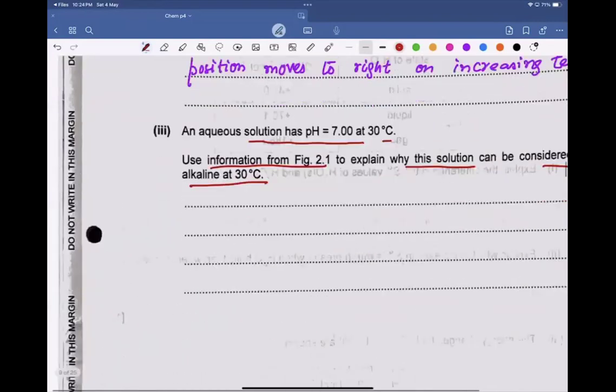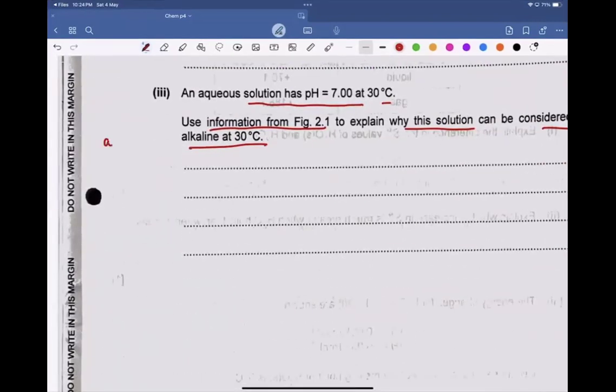So now let's look over here. At 25 degrees Celsius, Kw is 1.00 exponent minus 14. And at 30 degrees Celsius, Kw is 1.50 exponent minus 14. That's what we have concluded from the graph. Is this understandable?